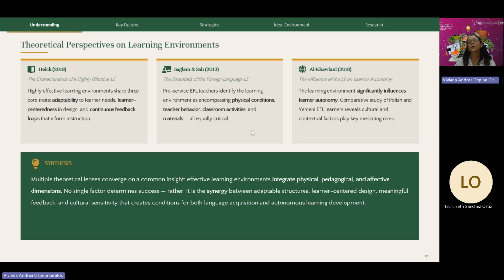So this final author, Al-Kawani from 2018, talks about the influence of the learning environments on learners' autonomy.